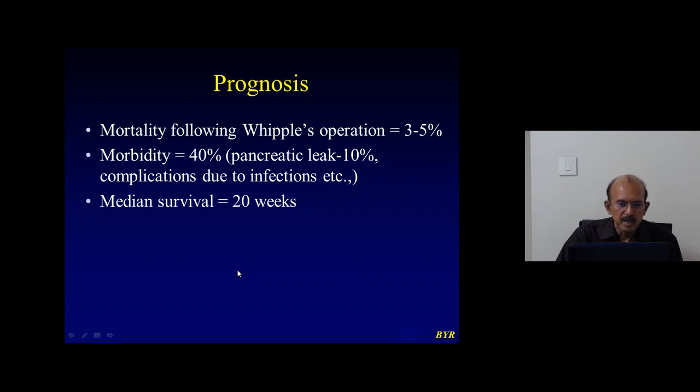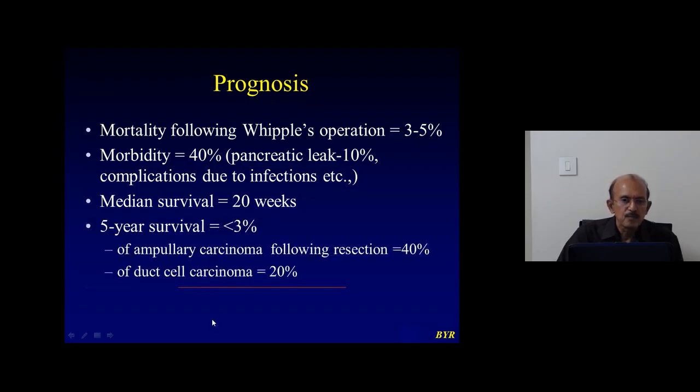If you do surgery, then you can assure the patient that they can survive for more than 20 or 25 years. But here, after doing such a big operation, the patient's survival is only 20 weeks, 6 months or 5 months. 5-year survival is less than 3%.